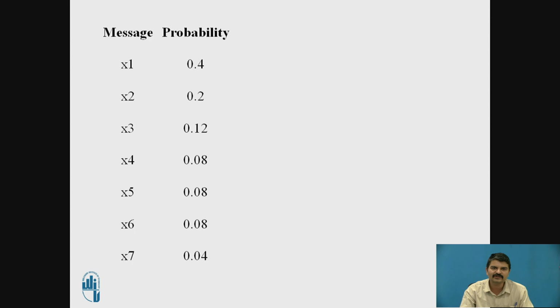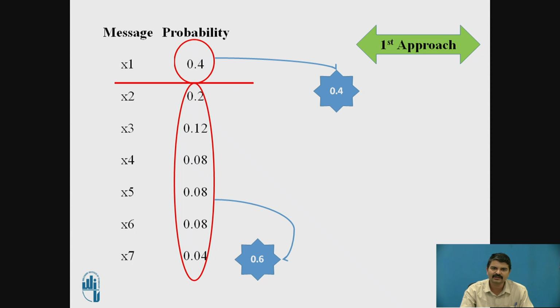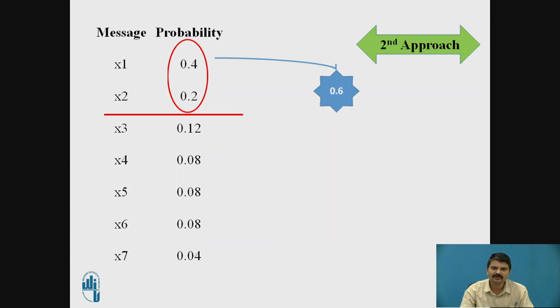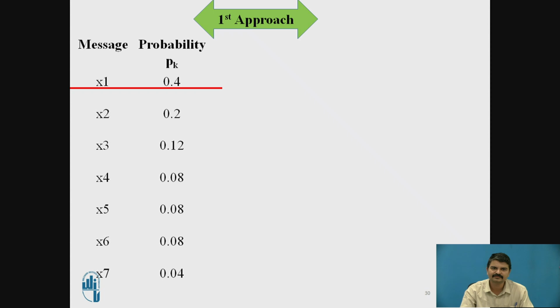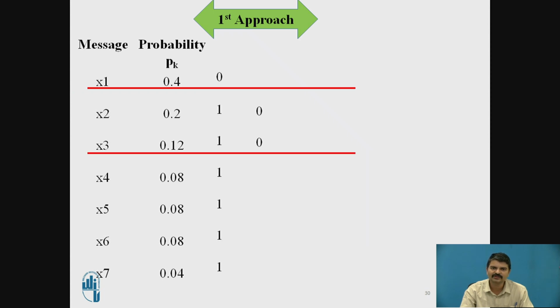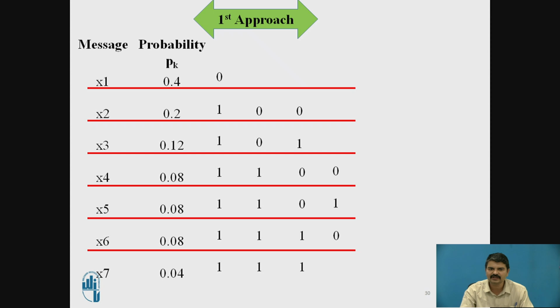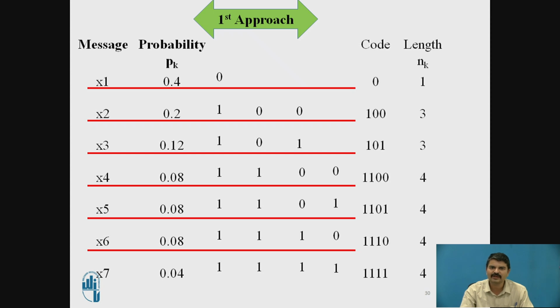In that scenario also we can follow 2 possible approaches. If I follow the first approach, according to the methods we use for Shannon-Fano, we get this code word and this length.